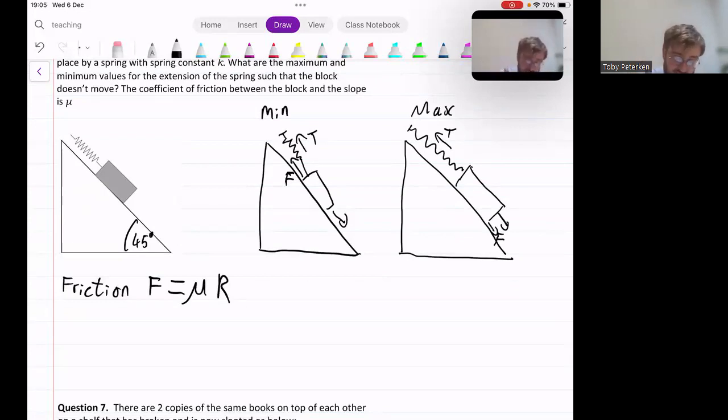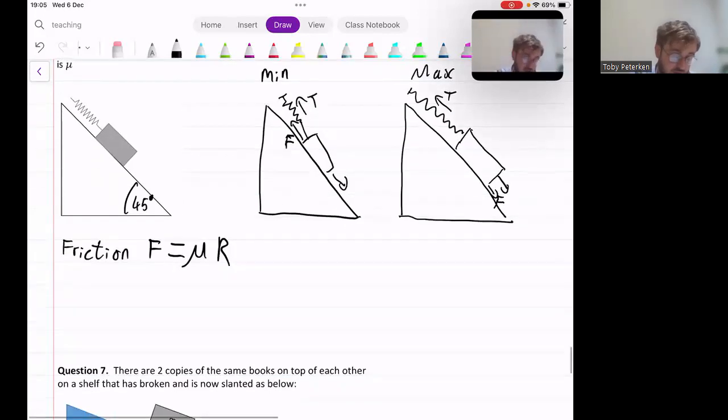If this was stretched somewhere in between, then the friction force might be much less. In fact, there is a point in between where the object sliding down under its own weight and the force of the spring back up completely cancel. In that case, there would be no friction at all, because it's not moving and it's not even attempting to move.